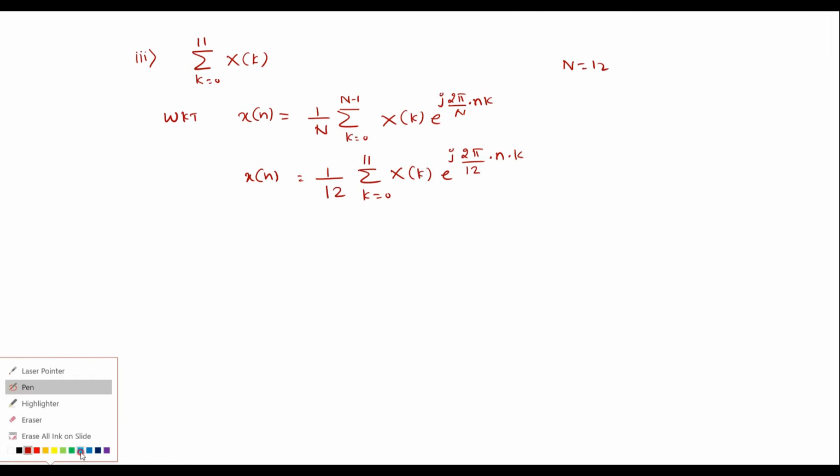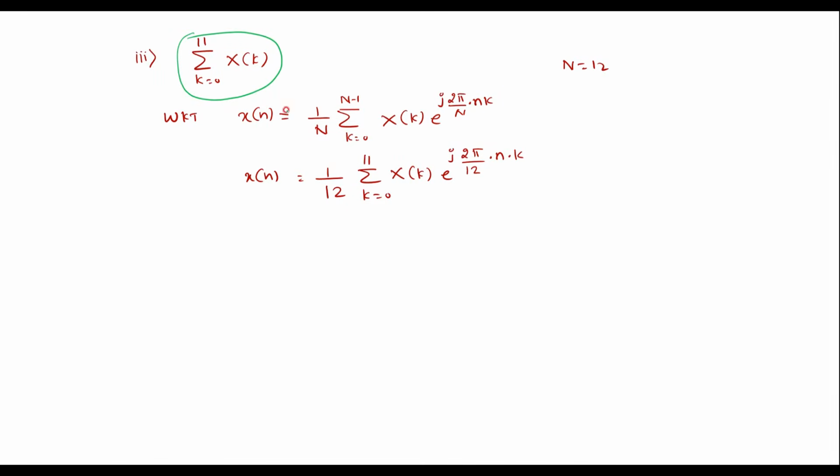Now here we need to calculate summation k equal to 0 to 11 of x of k. To extract this, the value of e power j 2 pi by 12 n into k must be 1. This value will be 1 only when n is equal to 0.